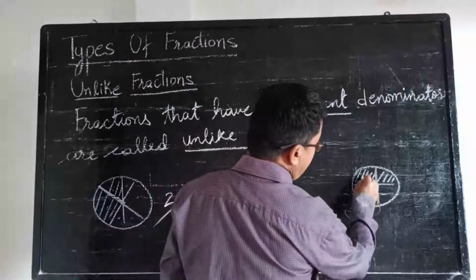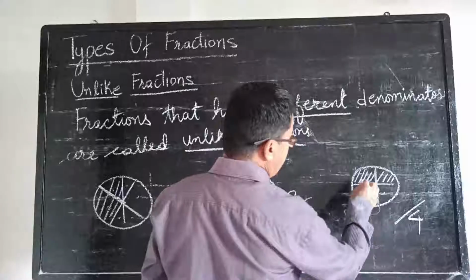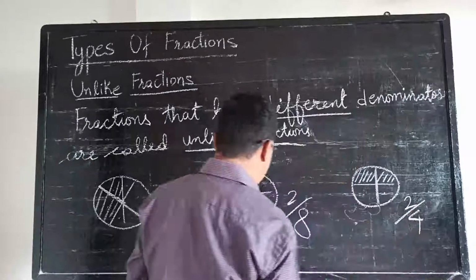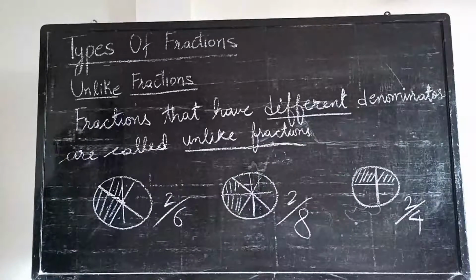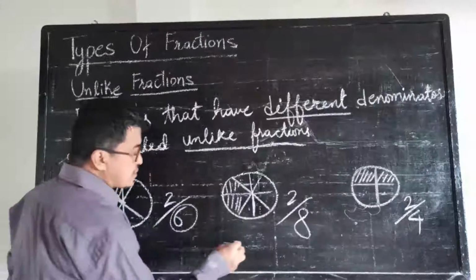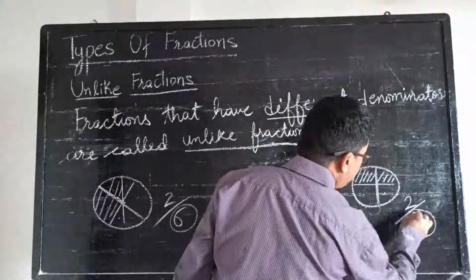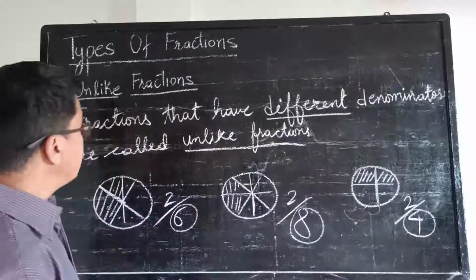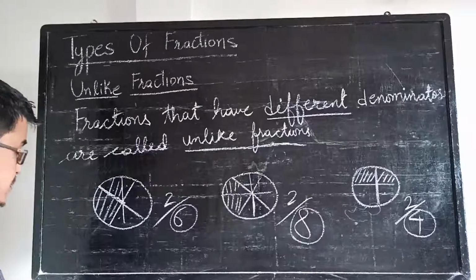Here, how many parts? 4. Out of these 4 parts, how many have I shaded? 2. But they are not like fractions. They are unlike fractions. Why? Because their denominators, here 6, 8, 4, are different. Therefore, they are not like fractions, but they are unlike fractions.